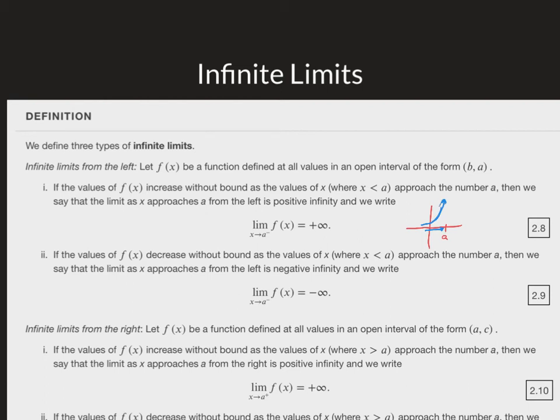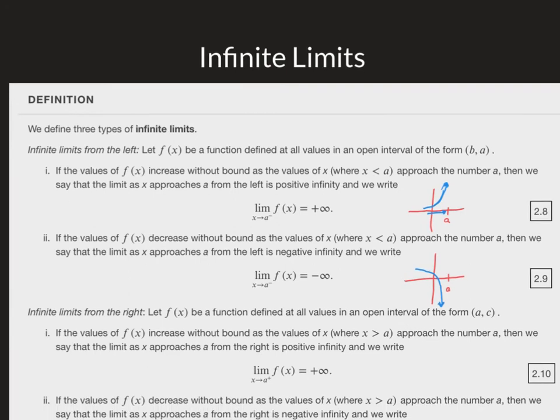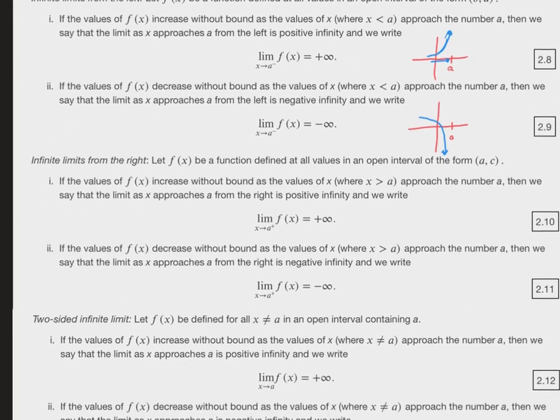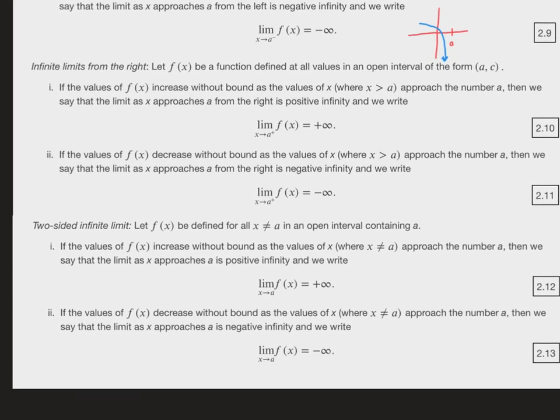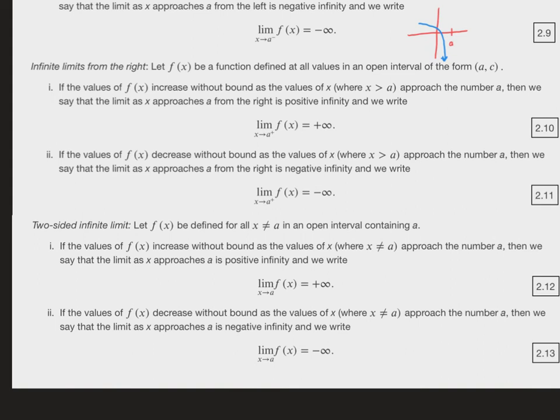And then the second one, I'll make my grid again, and we're still approaching from the left. Let me label my a. We drop down to negative infinity. It decreases without bound. So that's an example of positive and negative infinity. I'll scroll down, and you can pause the video to read through these other definitions, though they are very similar, just talking about limits from the right and then the two-sided limit.